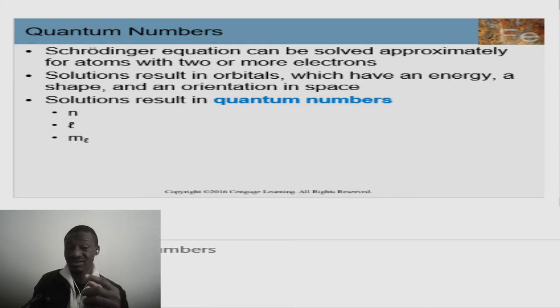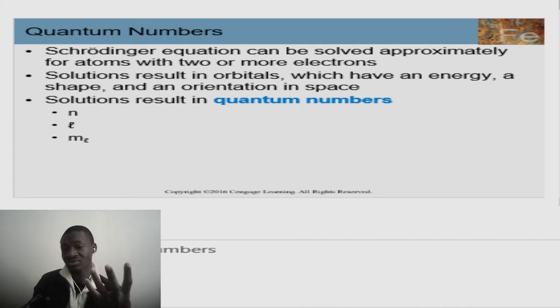What the equation actually does is predict where an electron or electrons will be in space at a certain given point in time. So the solution results in orbitals which have an energy and a shape and orientation in space.